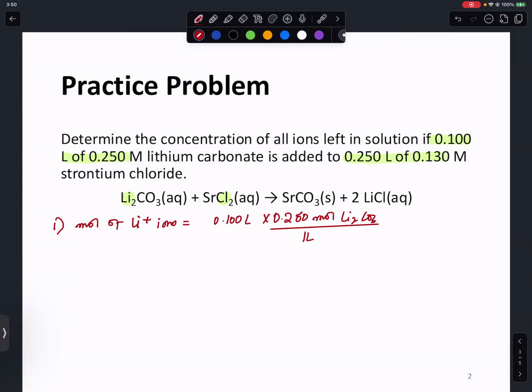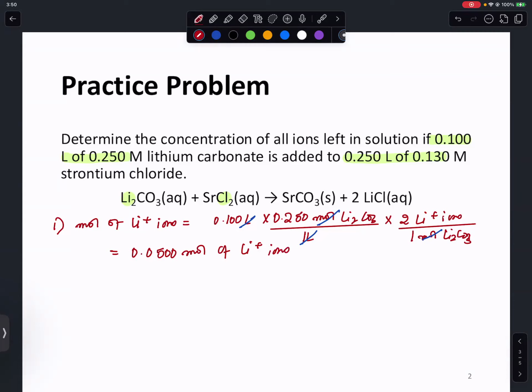And now we're going to use the relationship between the number of moles of lithium in 1 formula unit of lithium carbonate. So we have 2 lithium ions in 1 mole of lithium carbonate. Let's check that everything checks out, and we have here 0.0500 moles of lithium ions.